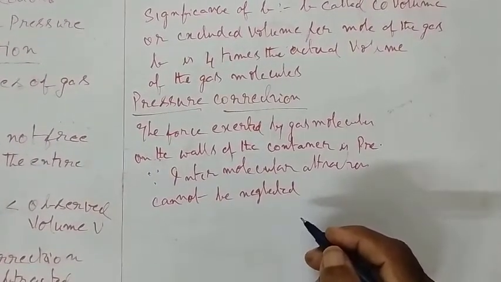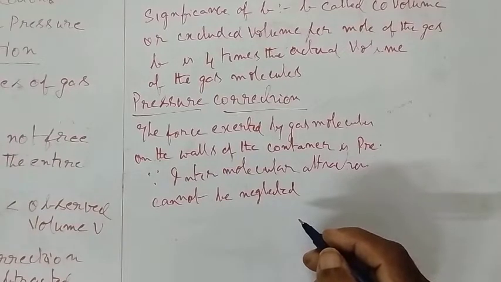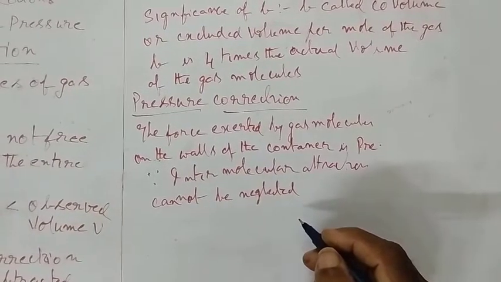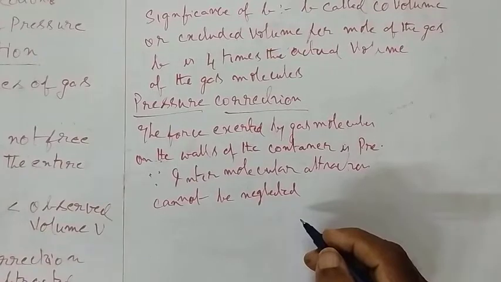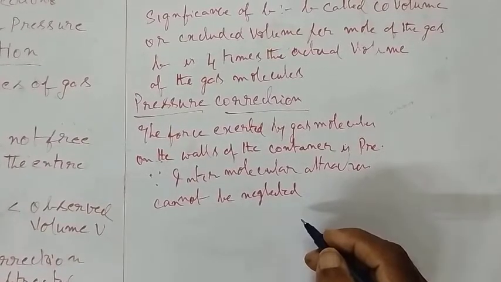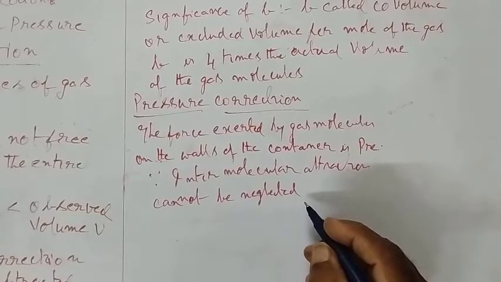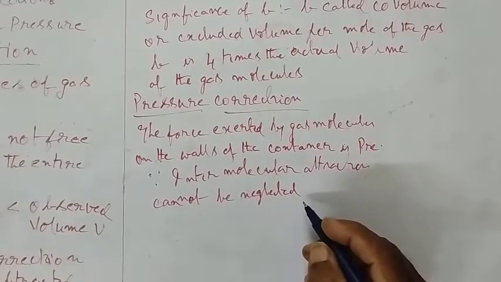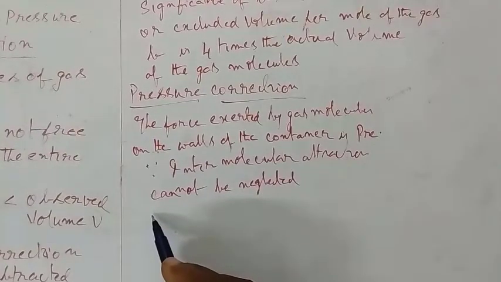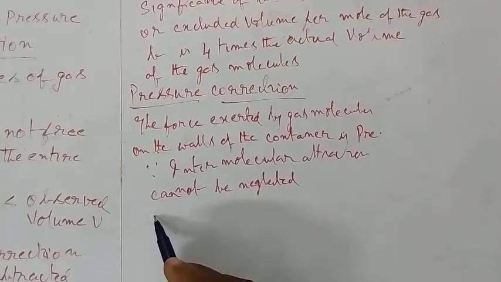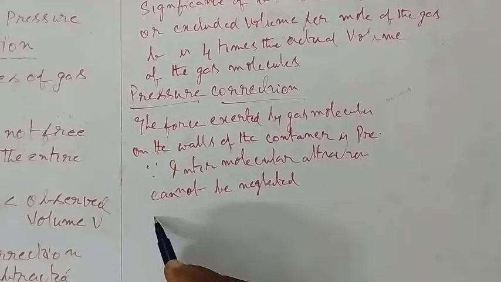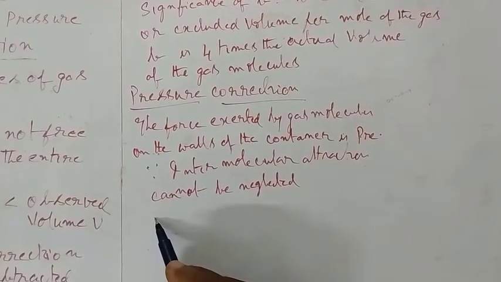See, at high pressure and low temperatures, the gases liquefy. That is, the molecules come close to each other. When the molecules come close to each other, the intermolecular forces cannot be neglected. That means the molecules attract each other. As per the kinetic theory of gases, the molecules of gases do not have either attractive forces or repulsive forces.